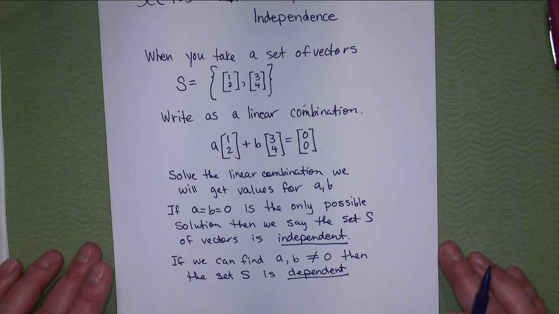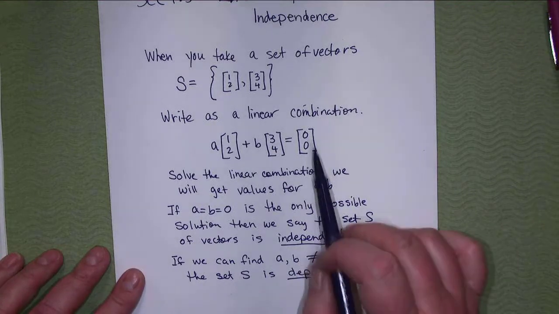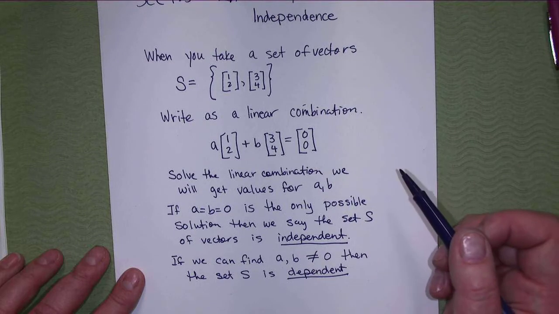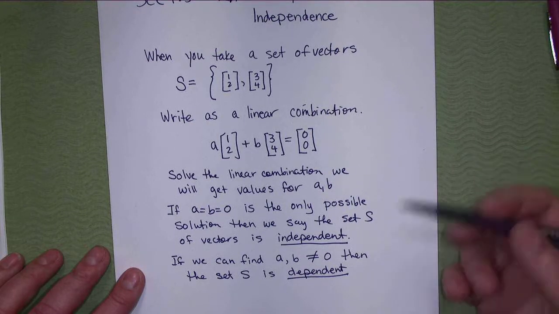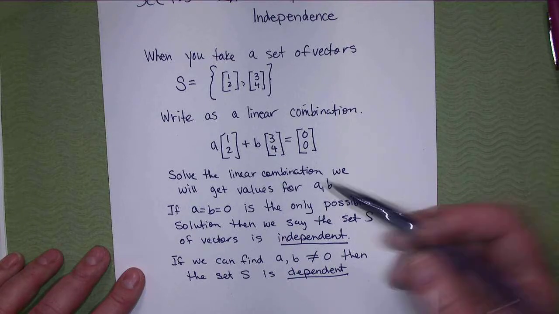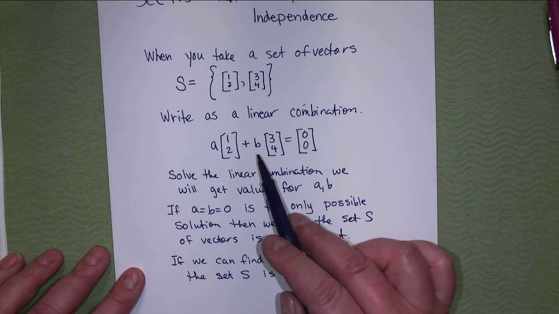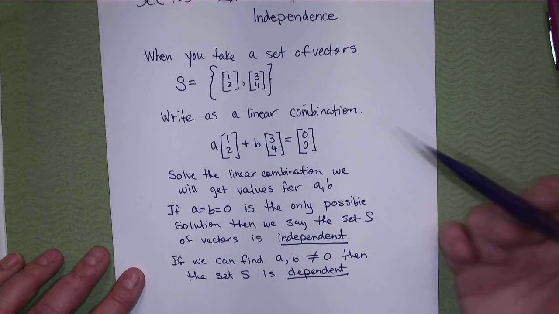Okay, so that's the definitions. So basically, if you're asked, is this set of vectors dependent or independent, you set up the linear combination with the zeros on the other side, and then you solve for A and B. And depending on what the solution is, you can answer whether it's dependent or independent. So if the only solution you get are zeros, then that's independent. If you get something other than zero, then it's dependent. And that would answer the question.